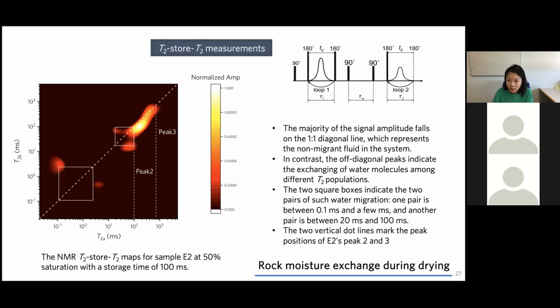On the other hand, if we do observe the presence of cross-peak signals, these off-diagonal signals like this one and this one showing here, this indicates we do have the exchange of magnetization during the mixing time. So these 2 square boxes indicate 2 pairs of such water migration, and 1 pair is between 0.1 milliseconds and a few milliseconds, and another one is between 20 milliseconds and 100 milliseconds.